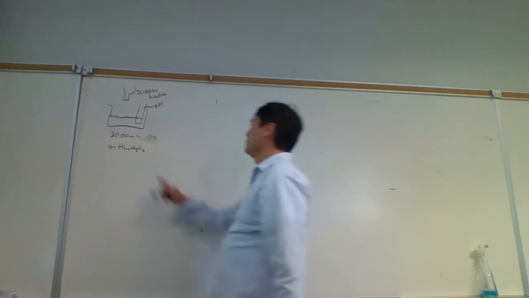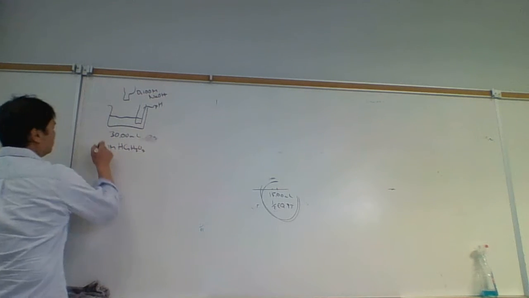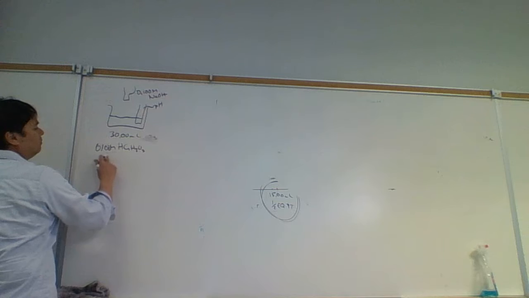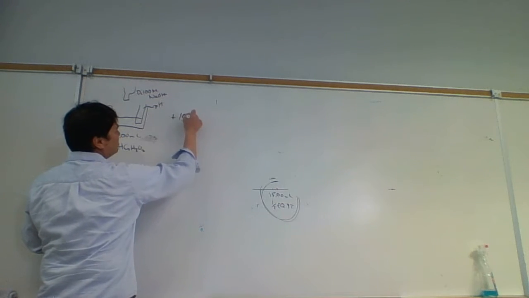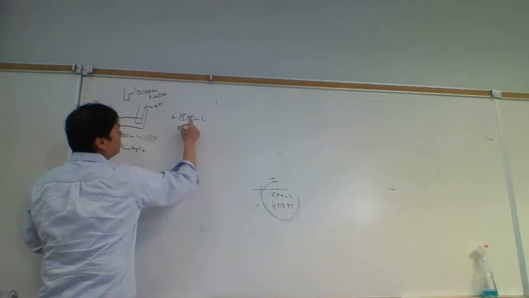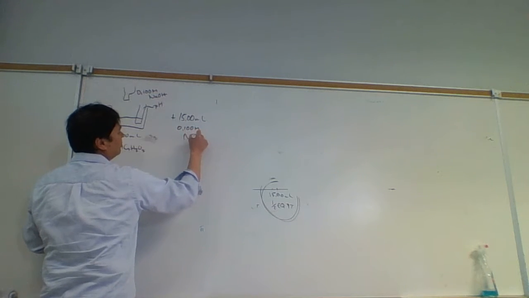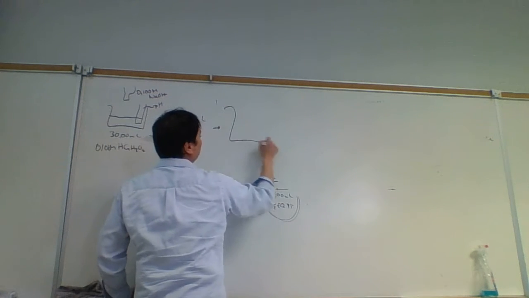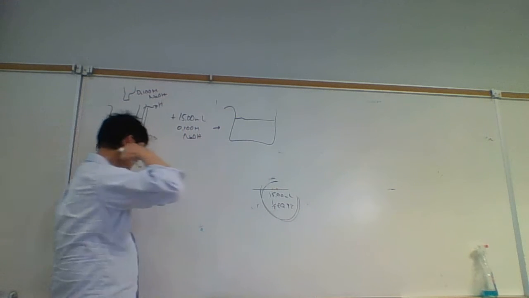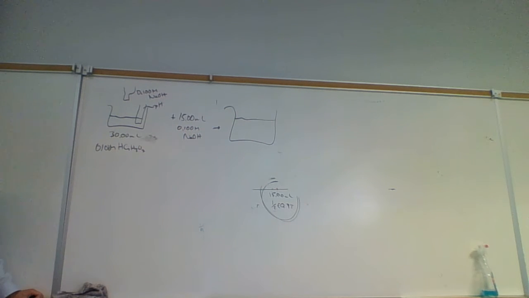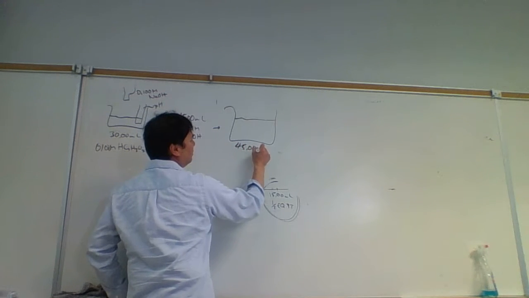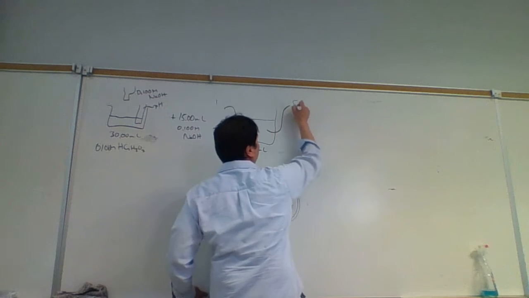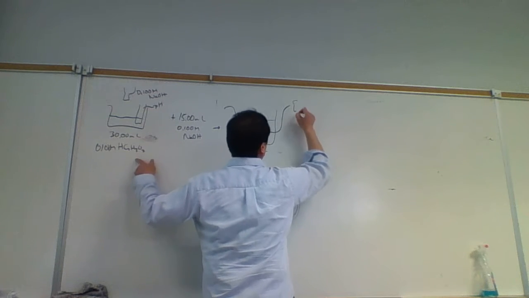Okay, we start off with 30.00 milliliters of 0.100 molar acetic, and then we're going to add 15.00 milliliters of 0.100 molar sodium hydroxide. When we do that, we're going to end up with a total volume of what? Yeah, we're going to have 45.00 milliliters, and that means we have to recalculate the concentrations.